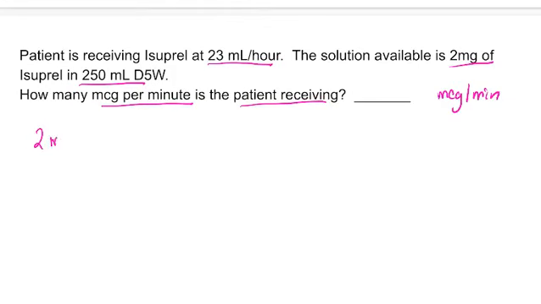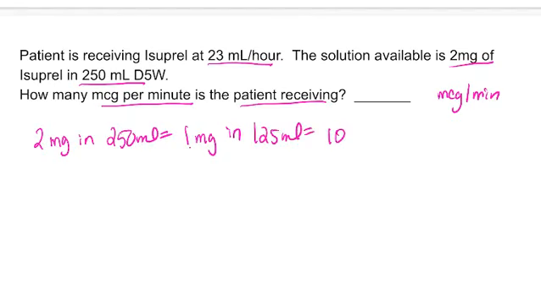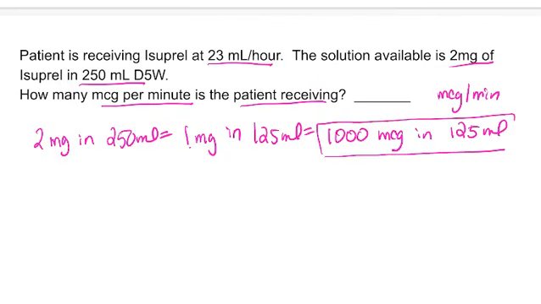If there's 2 milligrams in 250 milliliters, that's going to equal 1 milligram in 125 milliliters, and I'm going to put this 1 milligram into 1,000 micrograms and 125 ml. That didn't really get my numbers down too nicely, but it's a little bit more friendly, I think.